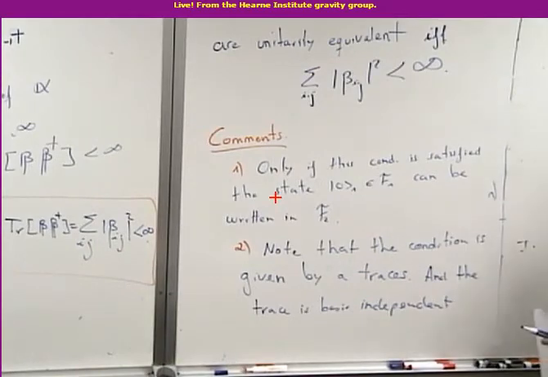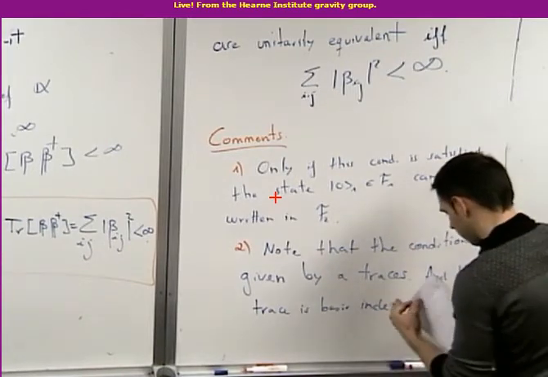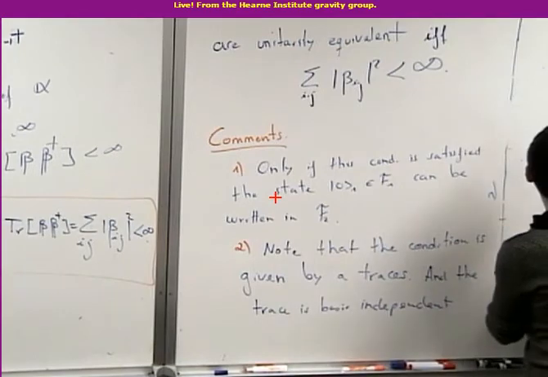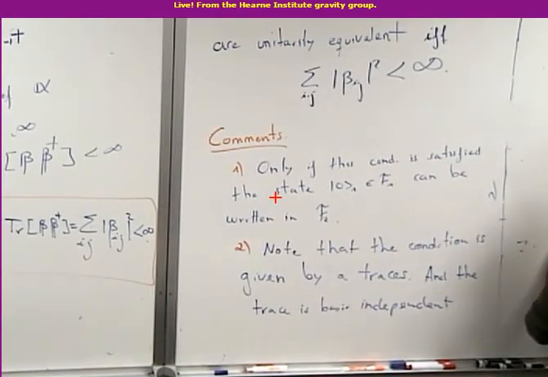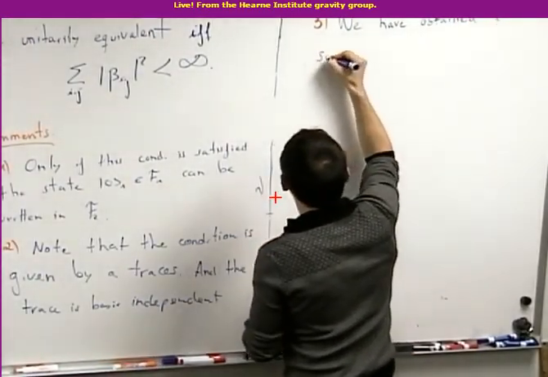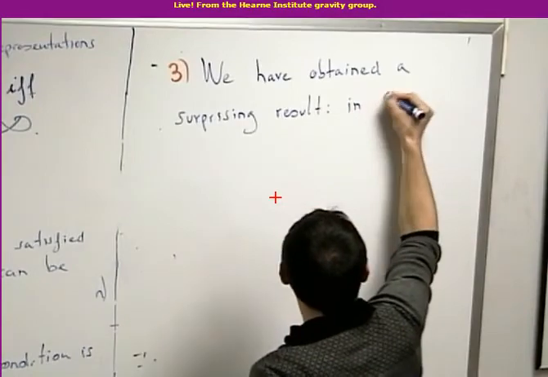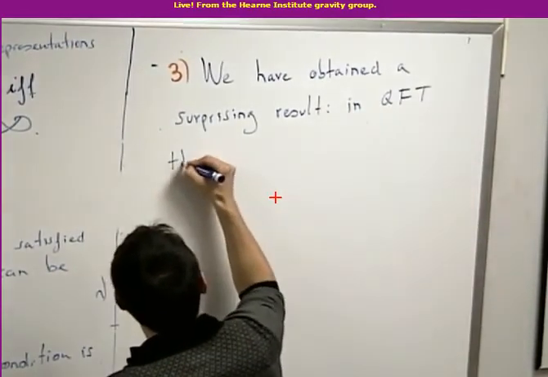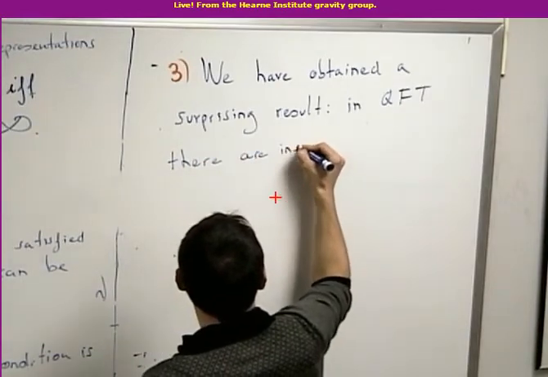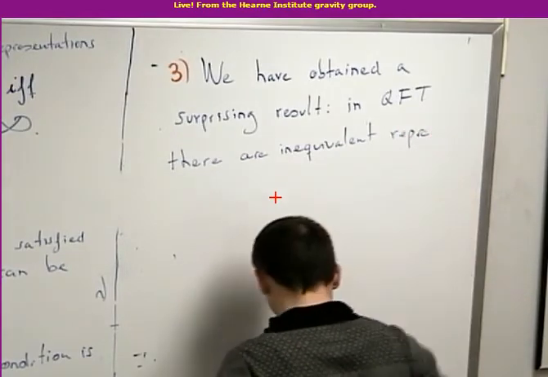And the last comment, which is, in my opinion, quite important, is that we have obtained quite a strong, or quite surprising result, which is that in QFT there are inequivalent quantum Fock representations.